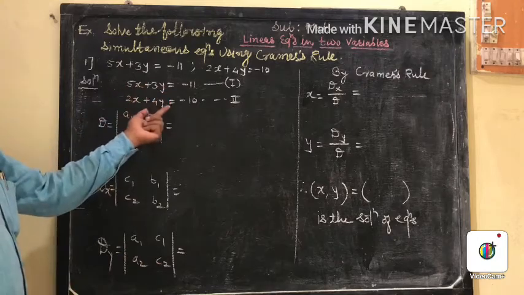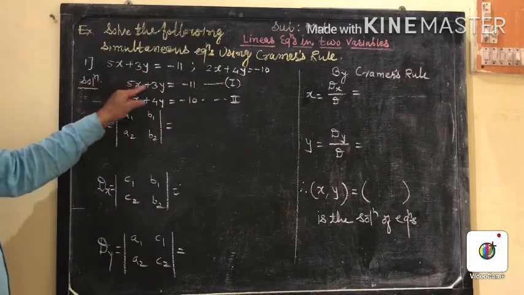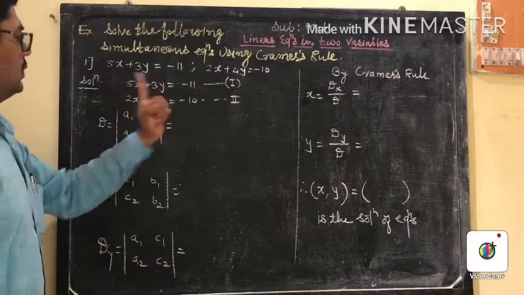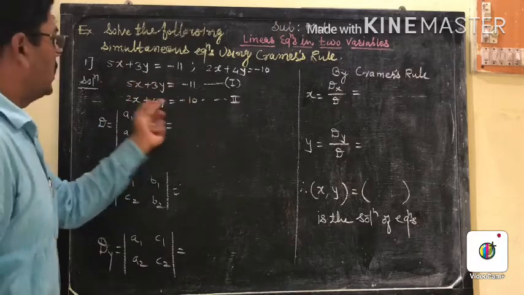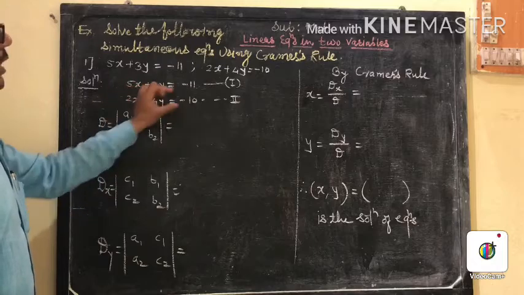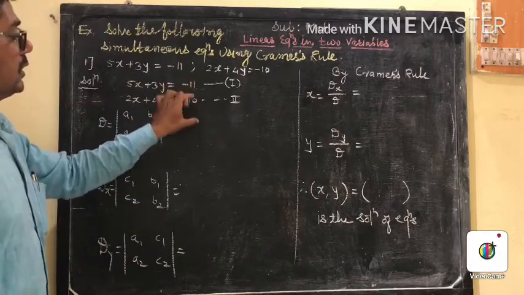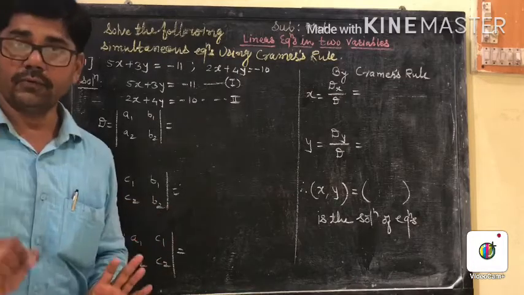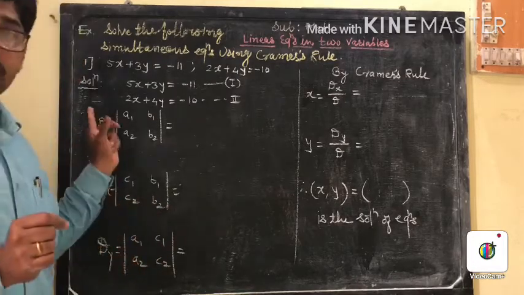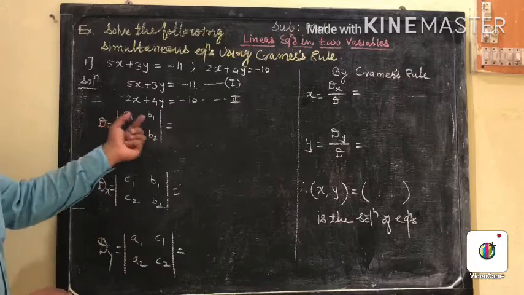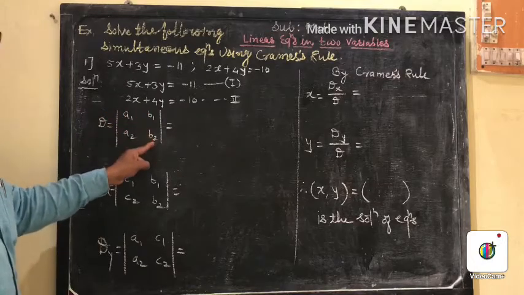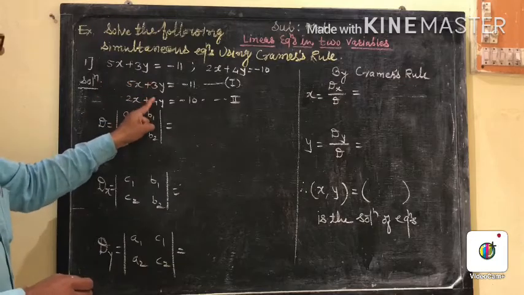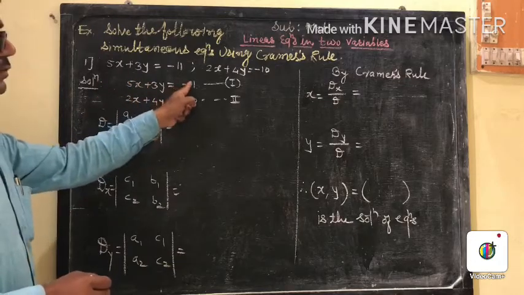This is the first equation, and this is the second. Here a1, b1, c1, a2, b2, c2 are the coefficients of x and y, and c1 and c2 are the constant terms. Now we first have to find the value of D, the determinant D, having a1 a2 and b1 b2 as columns.